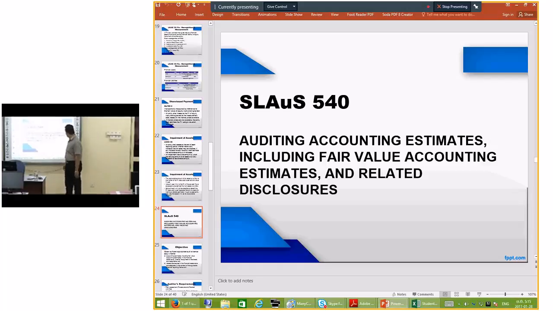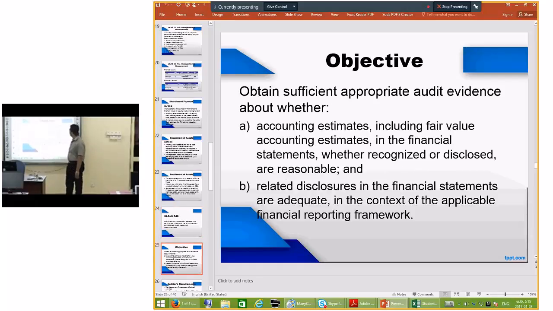Right. So basically we discussed those areas. The objective is, as we discussed, to obtain sufficient appropriate audit evidence about whether accounting estimates including fair value accounting estimates in the financial statements, whether recognized or disclosed, are reasonable, and related disclosures in the financial statements are adequate in the context of the applicable financial reporting framework.